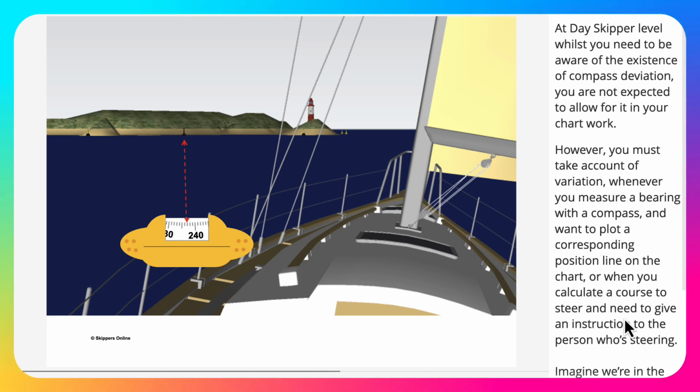Imagine we're in the RYA training world, where magnetic variation is 6 degrees west of true north, and that you've used the hand-bearing compass to measure the bearing from your vessel to this isolated danger mark, with a reading of 237 degrees.